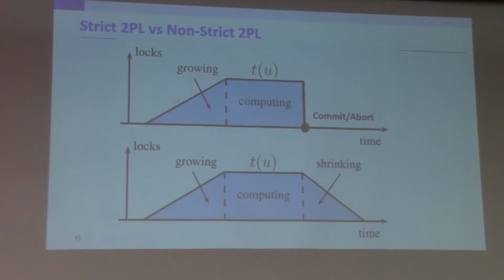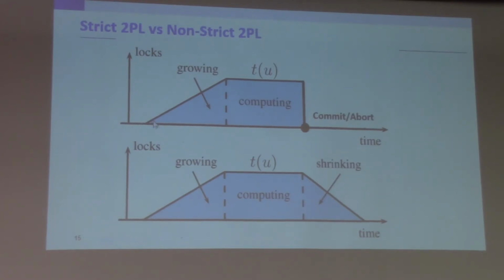You slowly acquire more and more logs until you reach a point where you no longer need any new logs. You acquire shared logs on all the objects you want to read and exclusive logs on all the objects you want to write. So it reaches a peak moment after which you acquire no new logs.